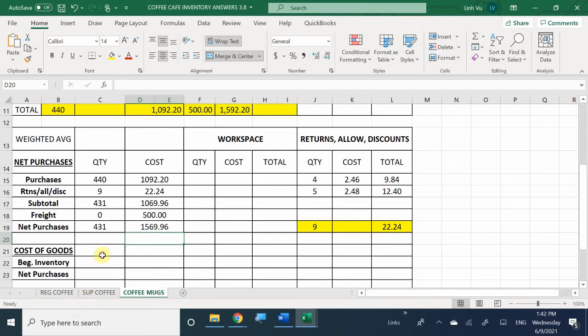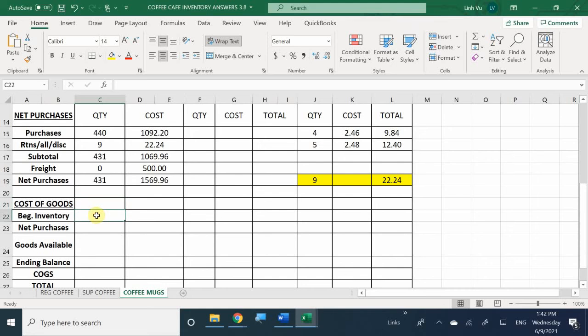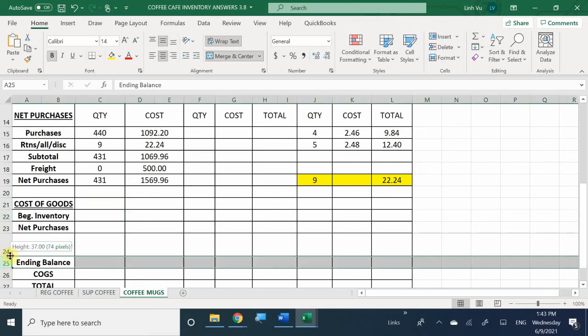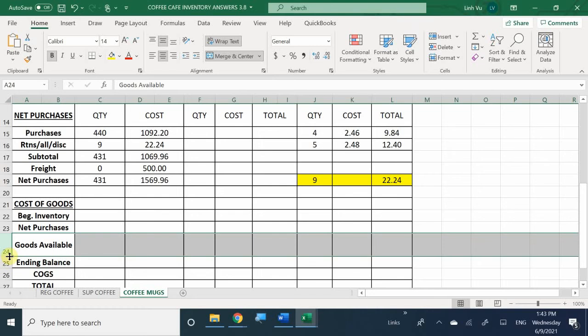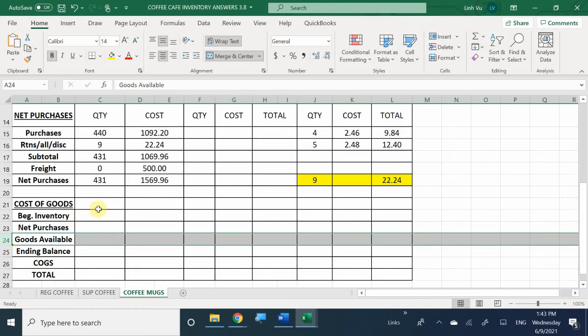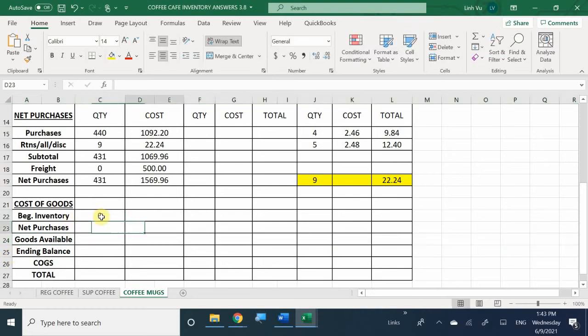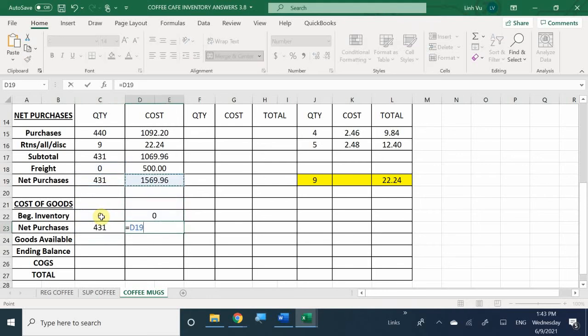Okay, I'm good. Here, do we have any beginning inventory? No, we don't. So here, our assumption, if we have 0 as our beginning inventory, means we just carry down our net purchases, and our net purchases becomes our beginning balance because we're adding 0 to them.